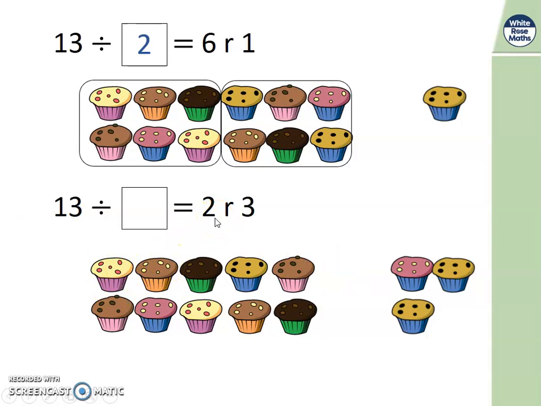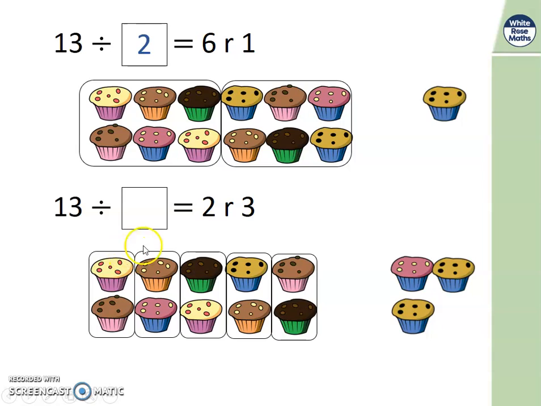Circle them. It should look like this. Now count how many groups you have. 1, 2, 3, 4, 5. So here we put the 5. 13 shared into 5 groups means that you have 2 in each group and you have 3 that don't fit inside.